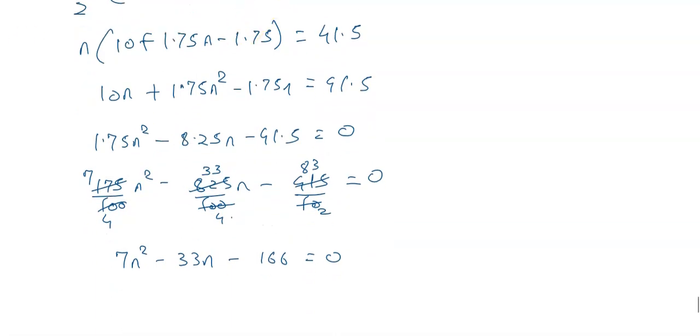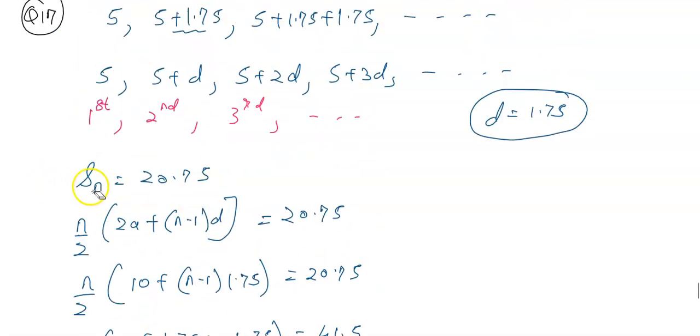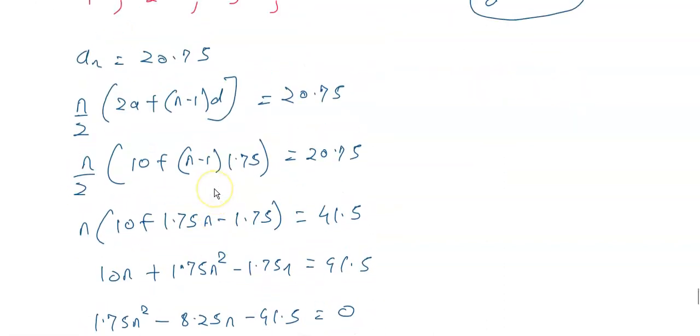So yes, I interpreted the question wrongly. The interpretation was कि 20.75 is not Sn but it has to be the nth term. कौन से वीक में इसकी सेविंग्स इतनी हो जाएगी? So this has to be Tn or nth term, whatever you want to call. Sum of the savings नहीं दे रखा था, so by mistake I assumed it to be savings.